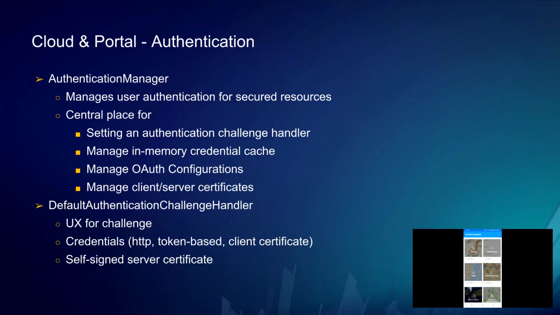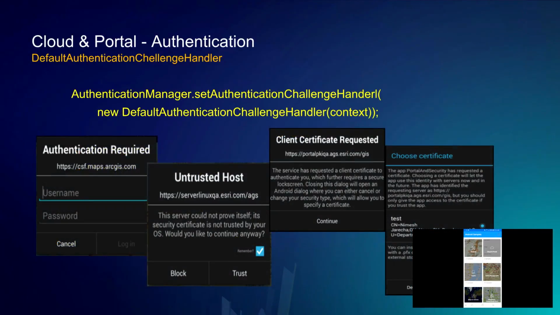This handler provides default UIs when different kinds of challenges are issued, and also manages passing the credential to the authentication manager. We provide full support for authentication to allow you to access content in online and portal, including HTTP basic, digest, token-based, OAuth, and certificate, etc. It also allows you to trust self-signed certificates.